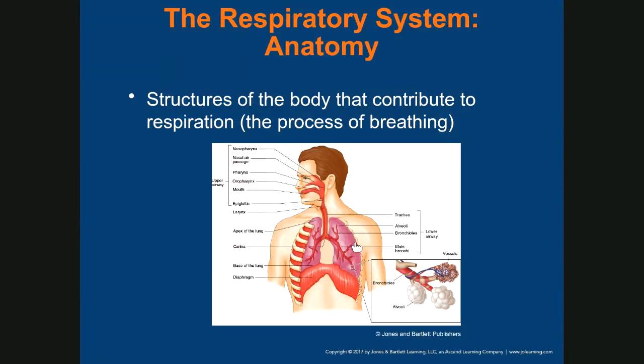Now, between the visceral pleura and the parietal pleura, there is some amount of fluid, and the purpose of the fluid is to prevent friction when the lung tissue expands. The right lung has 3 lobes, the left lung has 2 lobes, and the reason for that is the majority of the heart is on the left side, right?